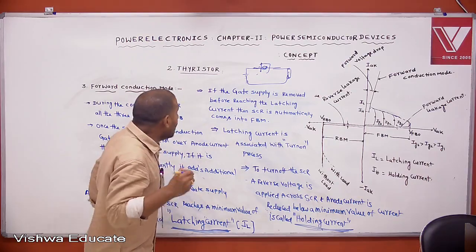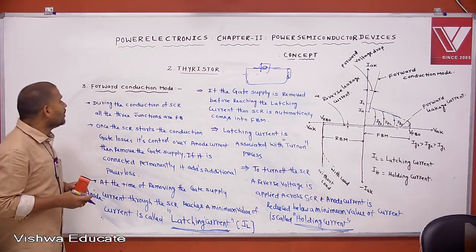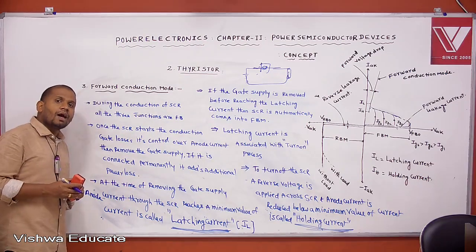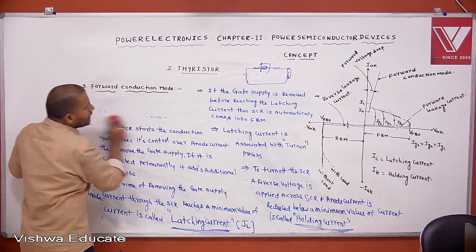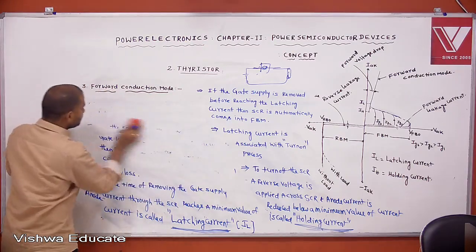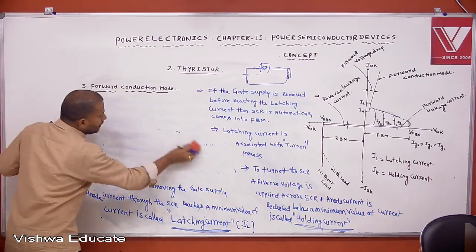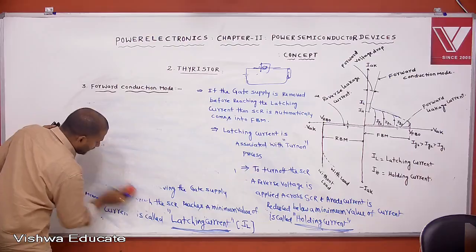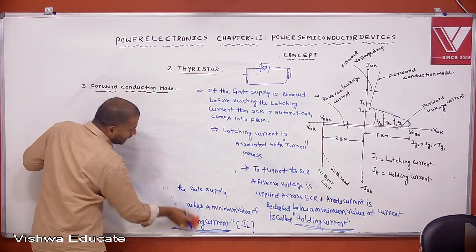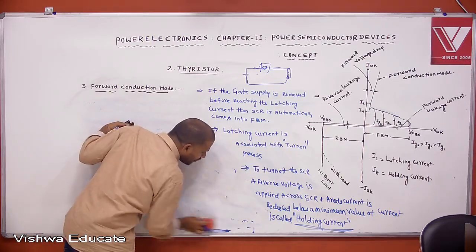Therefore, holding current is associated with which process? Turn on or turn off? Yes. Holding current is associated with the turn off process. Latching current is the reference for which one? Turn on. But holding current is the reference for which one?